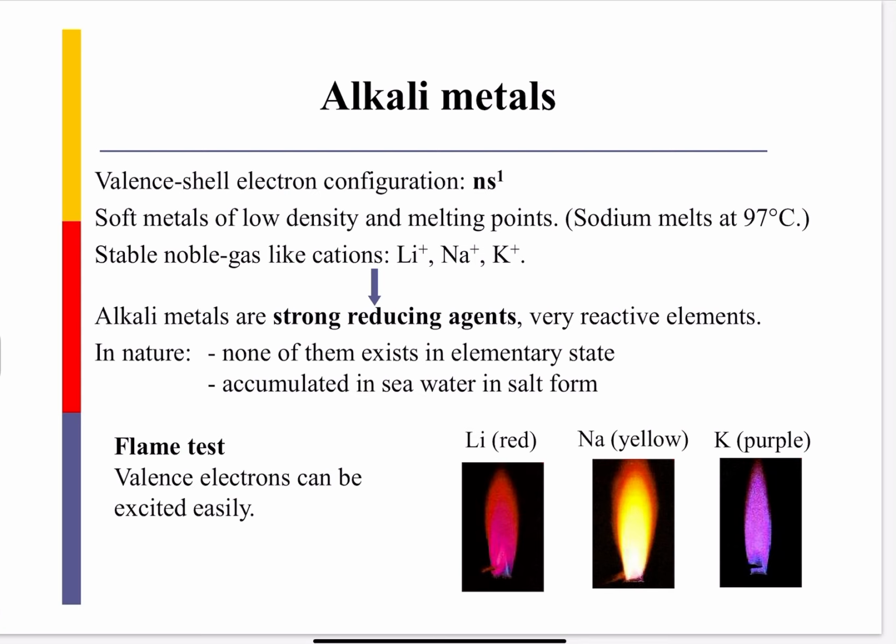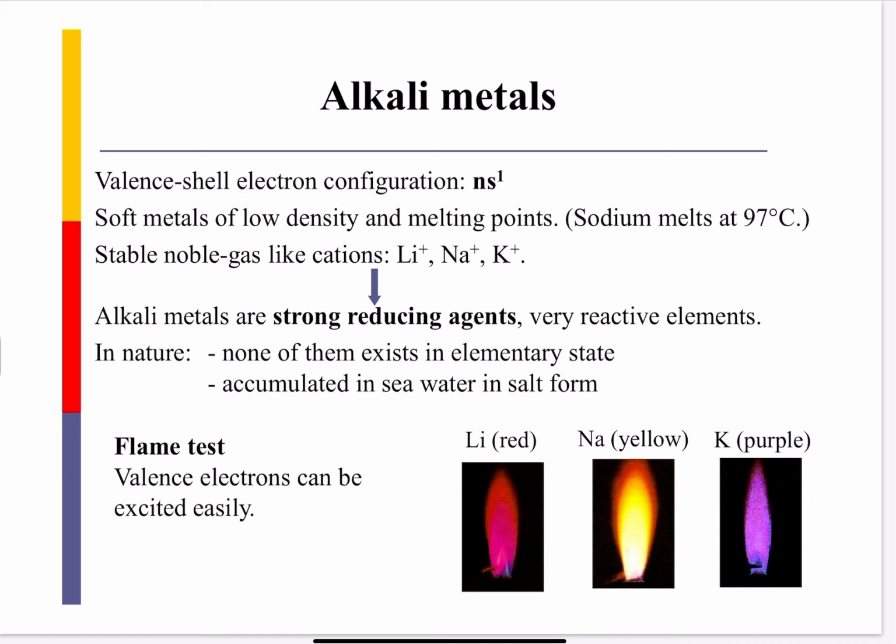As you see, the valence shell electron configuration is ns1, and they are soft metals. We can cut them with a knife, and they have low density. If we put them on water, they can stand on top of the water.